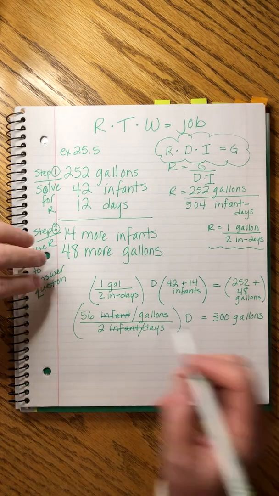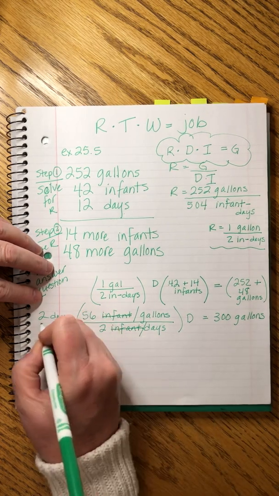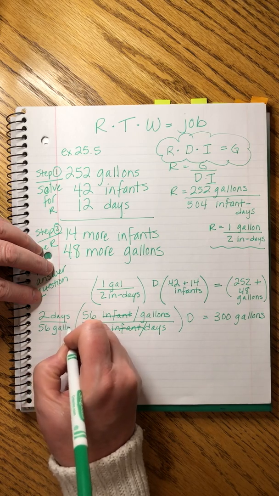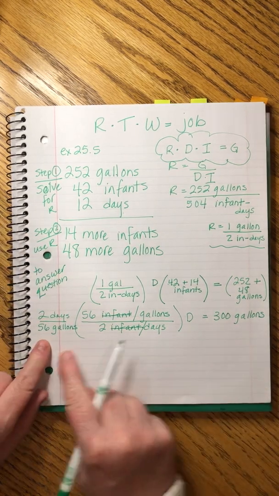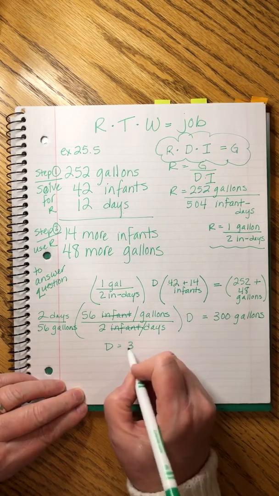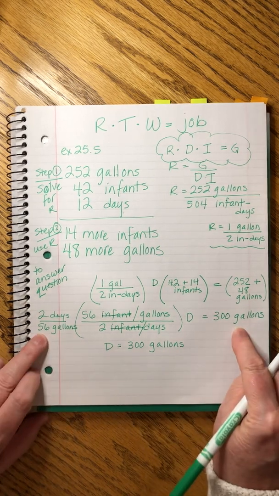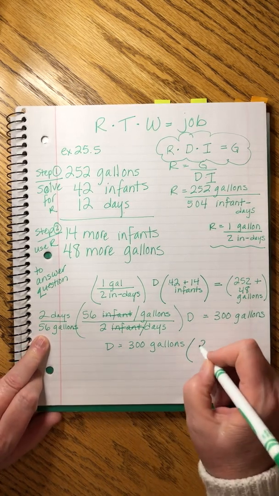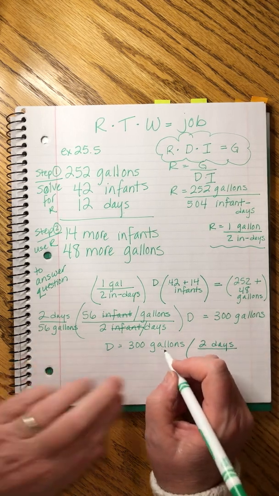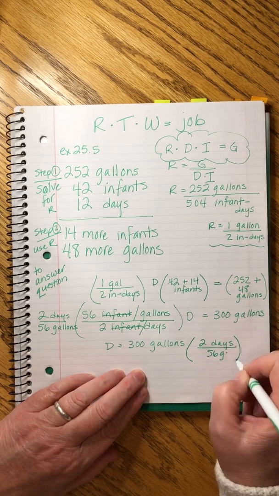I multiply by the reciprocal, so 2 days over 56 gallons. I multiply on that side, then I'm gonna do the same thing, but I'll just do it down here. D equals 300 gallons, that's what I already have there, times 2 days over 56 gallons.